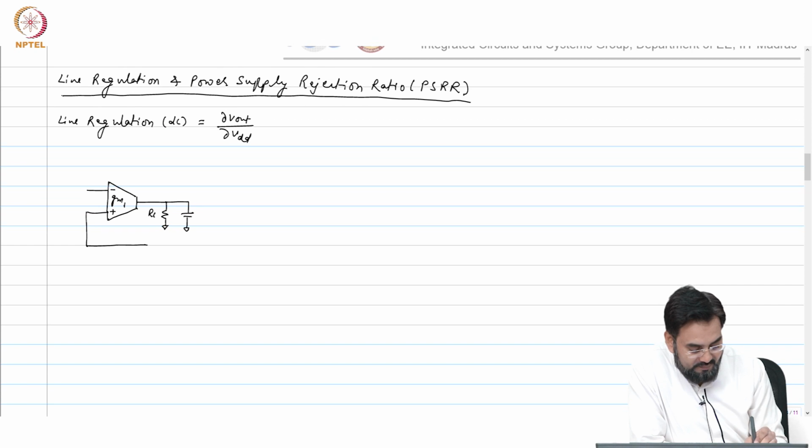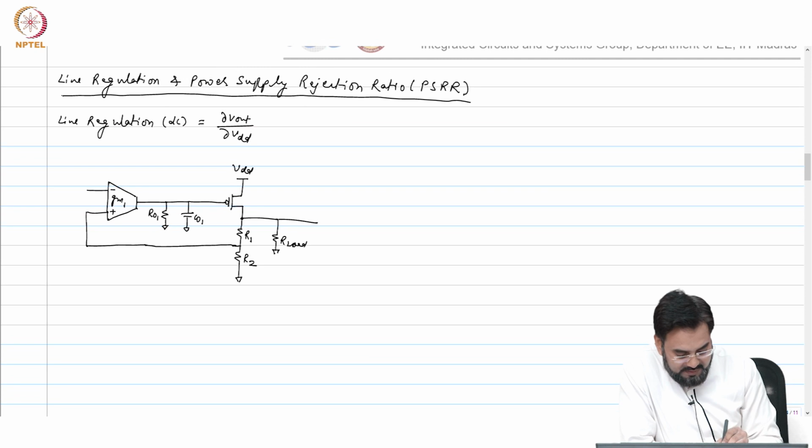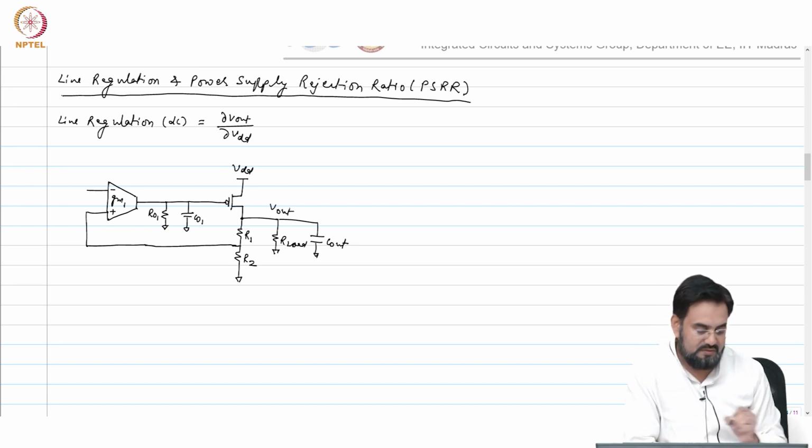So this is your RO1, CO1, and then we will have the pass transistor with your feedback resistor, R1, R2, R load, and you have C out, and this is your V out.